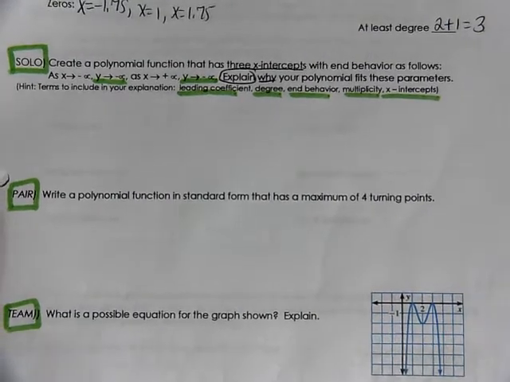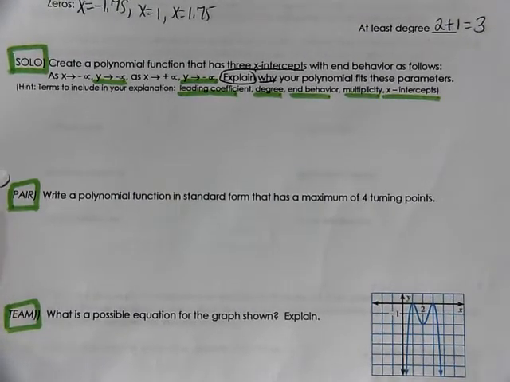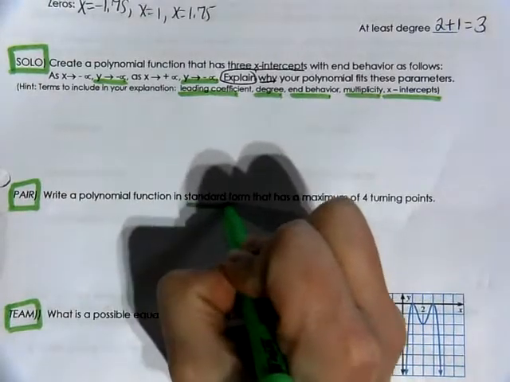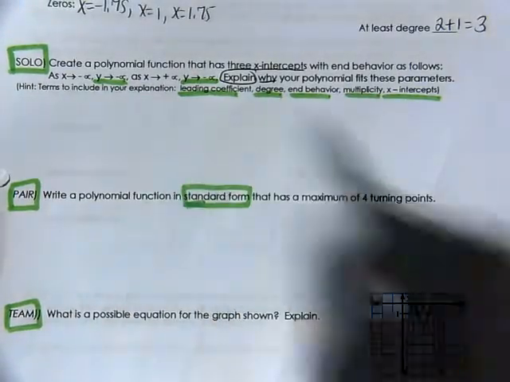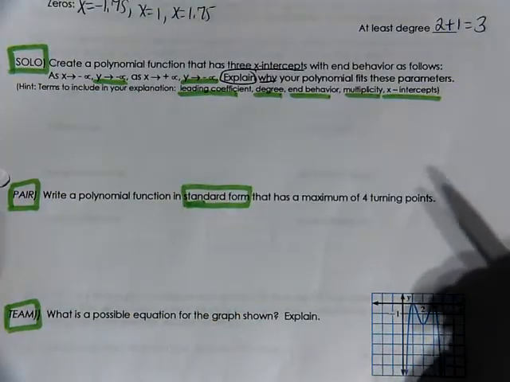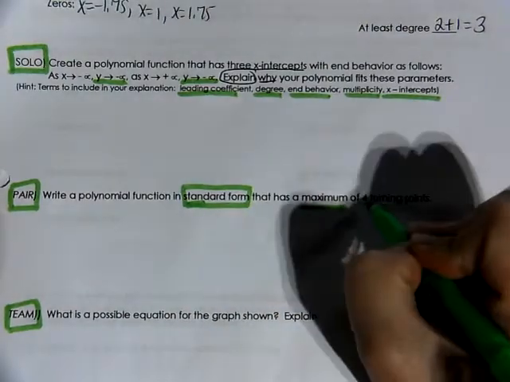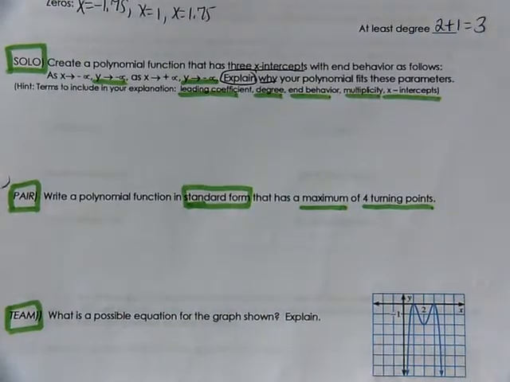The next one says, write a polynomial function in standard form. So standard form means no parentheses. So standard form that has a maximum of 4 turning points. I want you to really think about what type of function you would have if it has a maximum of 4 turning points. What would that degree be?